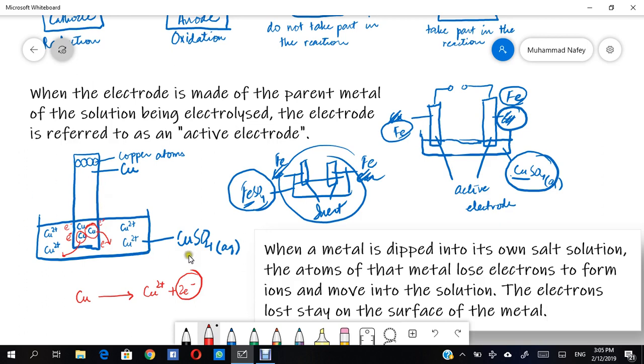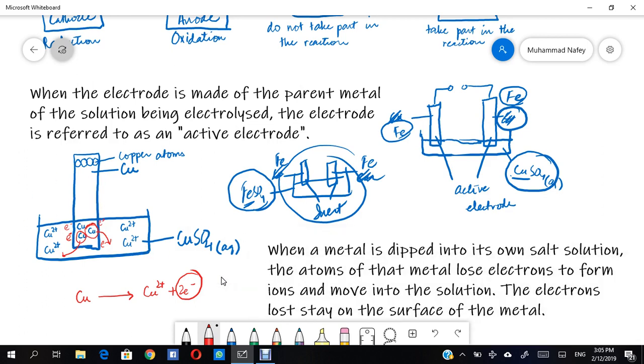Now something really interesting happens. If you take a look at this metal rod here, this metal surface is basically in constant contact with the copper ions in this solution. So these copper ions move towards this rod and gain the electrons present on the surface of the metal to form copper atoms.